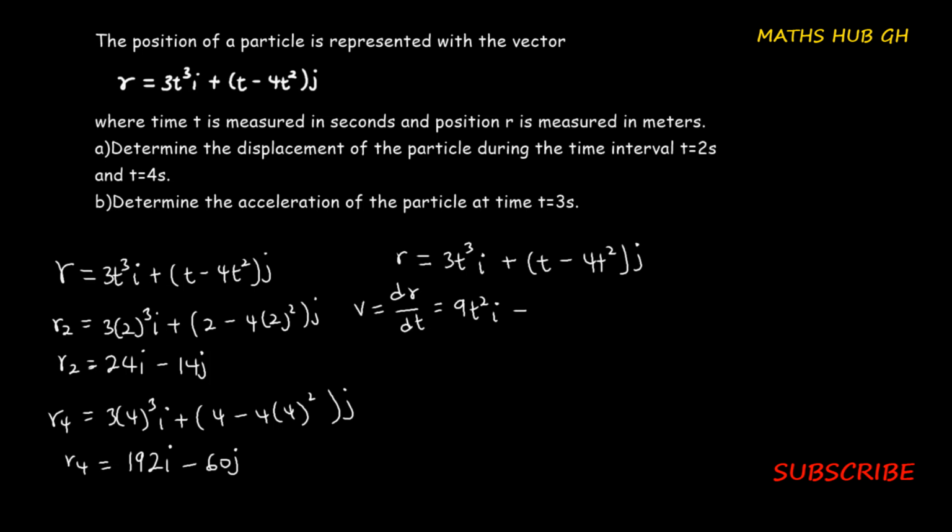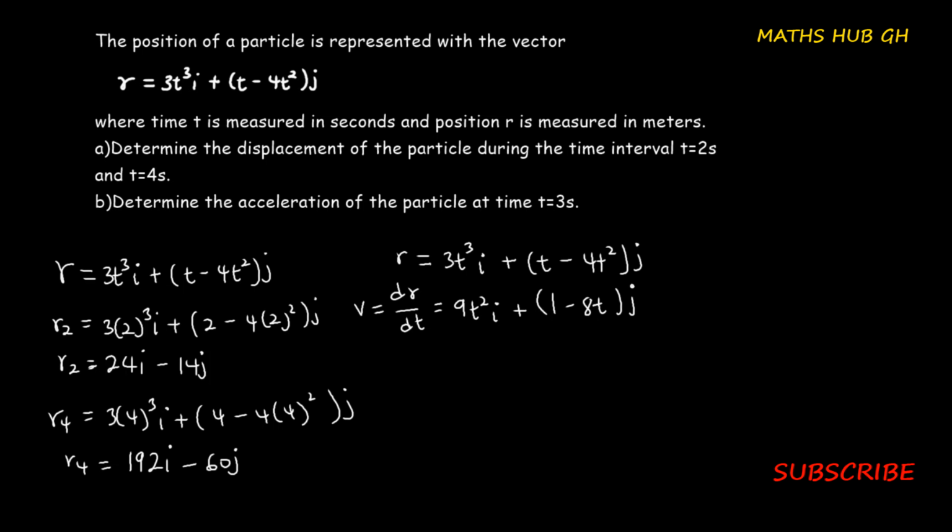And when I differentiate the second term, when I differentiate t, we're going to have 1, and when I differentiate 4t squared, we're going to have minus 8t. Sorry, there's no square there, so I'm going to have minus 8t j. So this will be the first derivative.